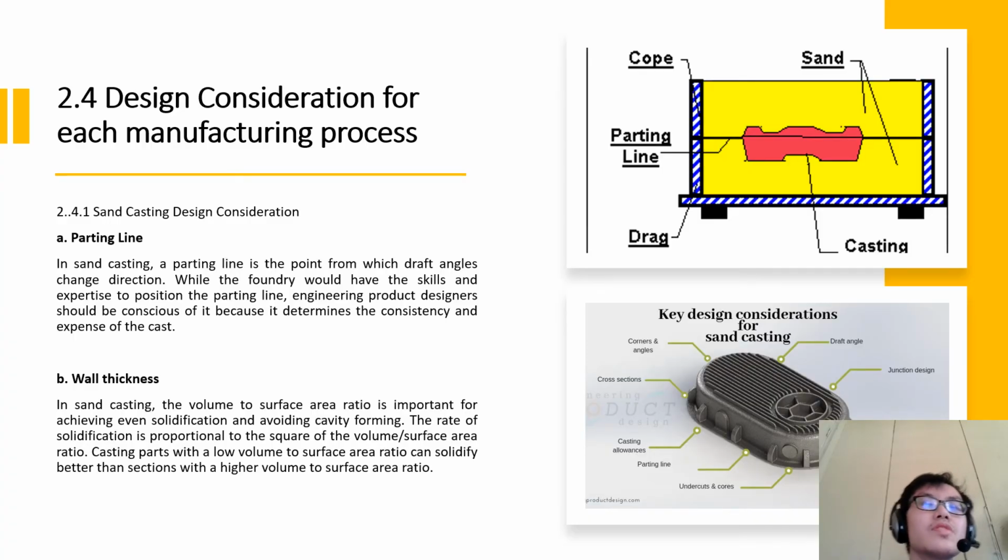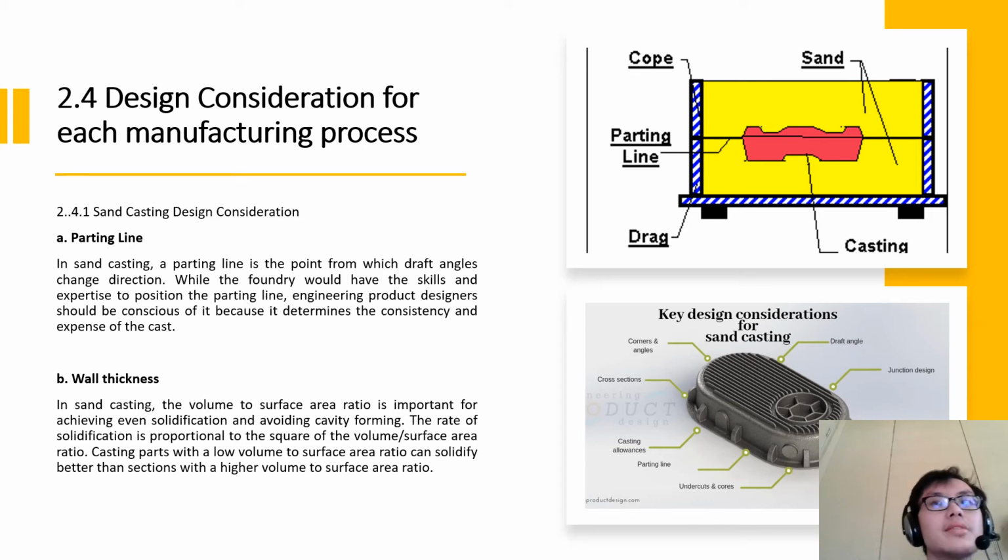Design considerations for the sand casting process. The first thing that we need to be concerned about is the parting line. In sand casting, a parting line is the point from which the draft angles change direction, and the foundry must have the skills and expertise to position the parting line. Engineering product designers should be conscious of it because it can determine the consistency and expense of the casting process.